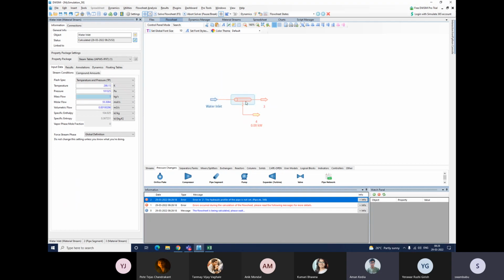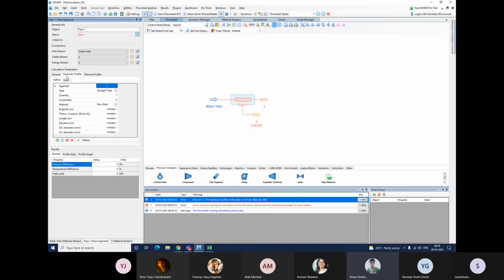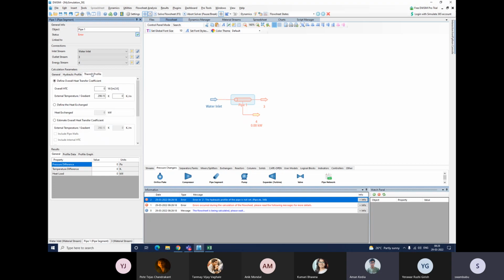If you see in the pipe segment, let's say pipe 1, the pipe segment has general, hydraulic profile and thermal profile. We can also have a heated pipe, as sometimes we need to maintain a certain temperature as the fluid is going on.